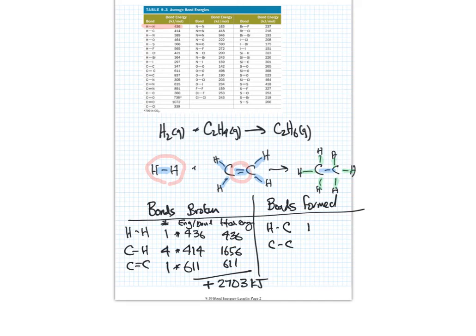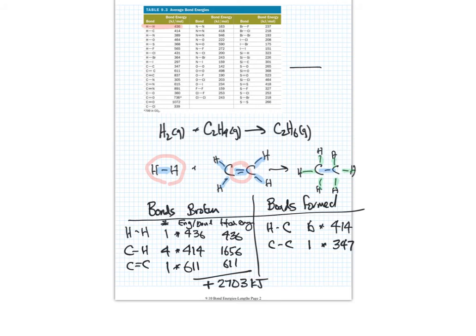I've got one carbon-carbon single bond, and I have 6 carbon-hydrogen single bonds, and then I'm going to multiply this times the carbon-hydrogen bond, which is 414 kilojoules per mole. The carbon-carbon single bond is 347 kilojoules per mole.